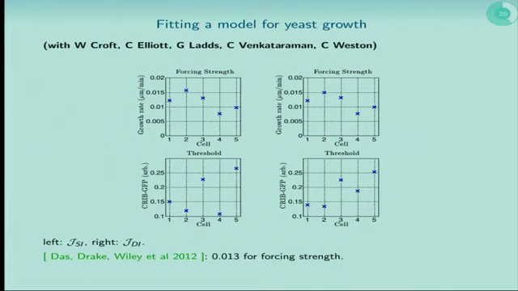And that's what we got out for the forcing strength, kappa 2, and for the threshold, kappa 1. So we could quantify the individual cells. And at least for the forcing strength, this is pretty much in the right range that has been observed.